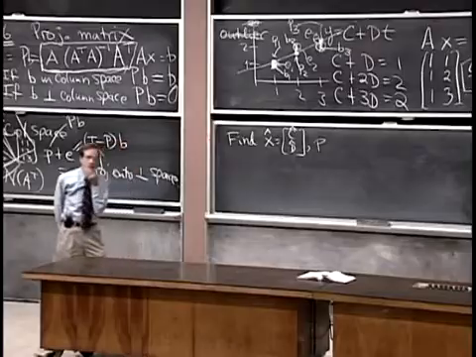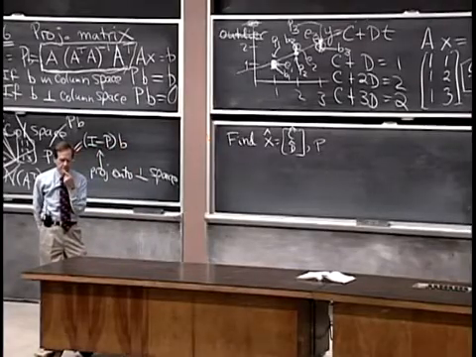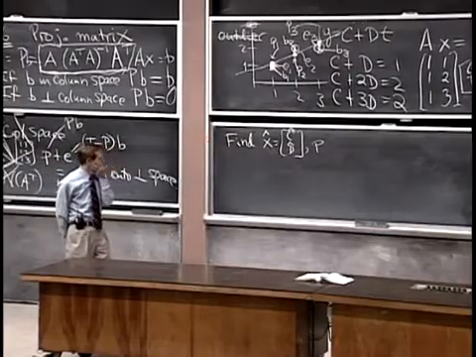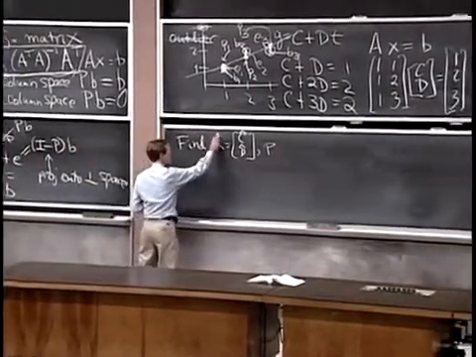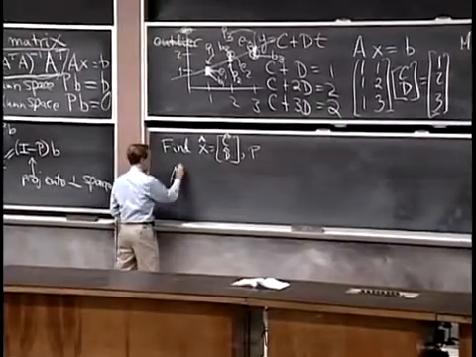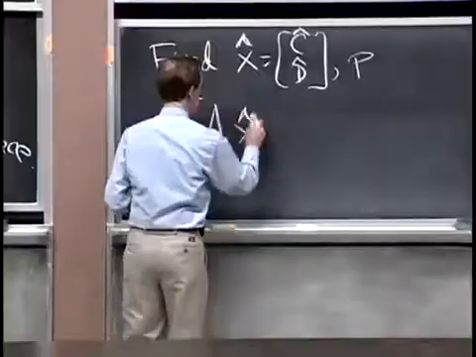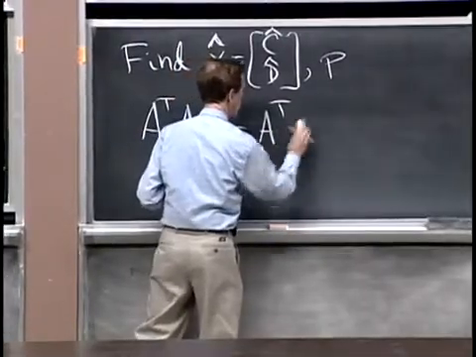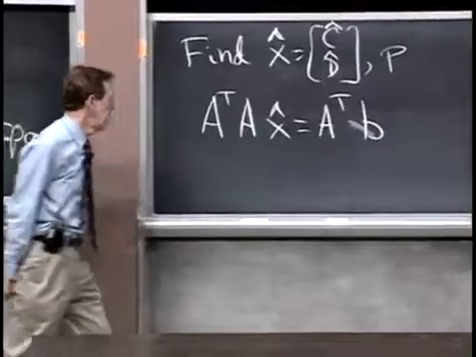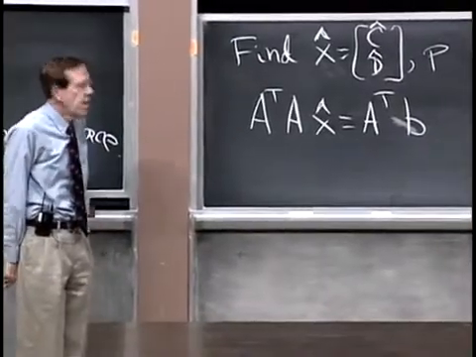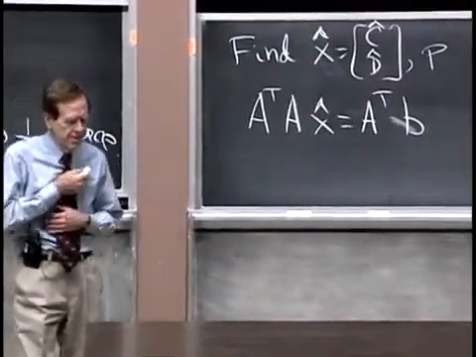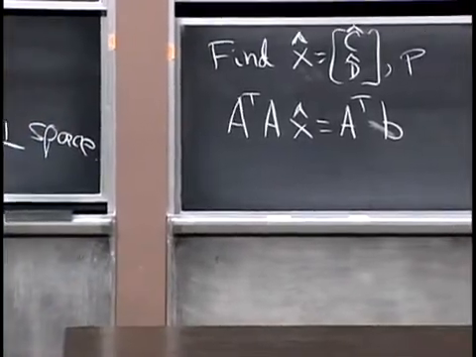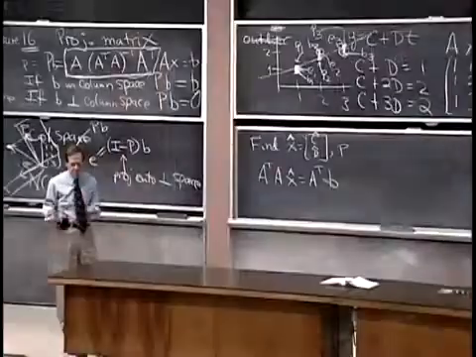Okay, how do I proceed? Let's just run through the mechanics. What's the equation for X hat? The equation for that is A transpose A, X hat equals A transpose B. I will venture to call that the most important equation in statistics and in estimation.